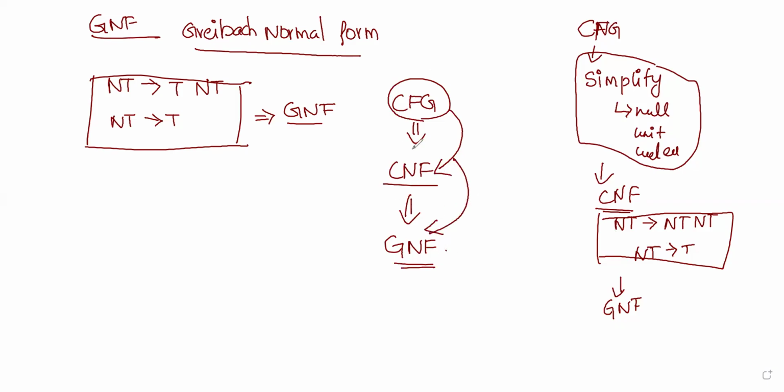Check the question and convert accordingly. This is the format of GNF, and our aim is to convert to this format. I'll start with an example so that you will understand how it actually works.